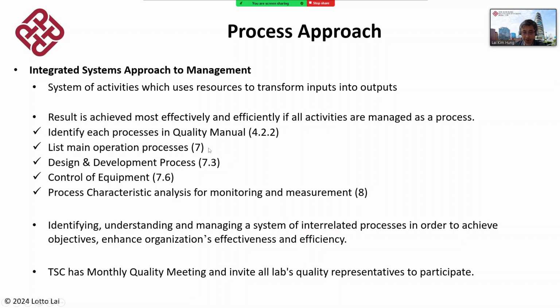We can identify the processes in your quality manual, list the main operation processes. Design and development process you need to identify. And how you control your equipment is also considered a process. Process characteristic analysis for monitoring and measurement.